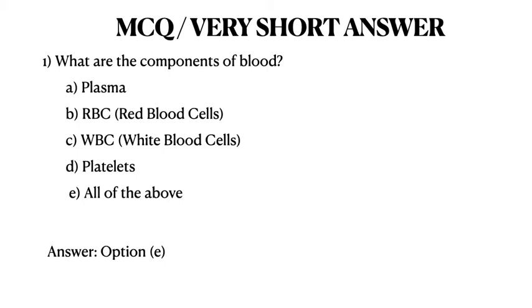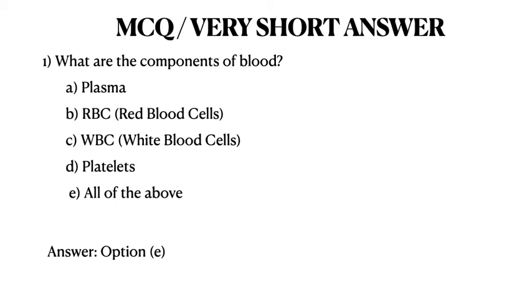WBC are called the soldiers of our body because whenever any disease-causing germs, harmful bacteria or virus attack our body, at that time WBC work as soldiers, and they attack the harmful germs.